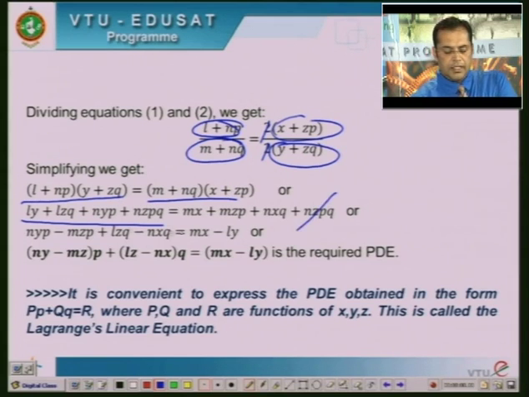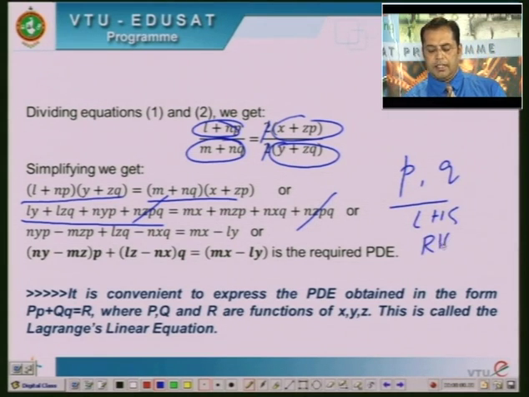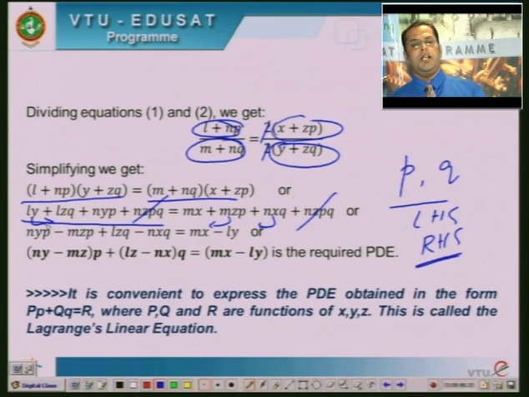Observe friends that the npq terms cancel. Rearrange by taking all small p and small q terms to the LHS and remaining terms to the RHS. So, what we do? Shift mzp to the LHS, nxq to the LHS, and the term not containing p or q, ly, is shifted to the RHS.